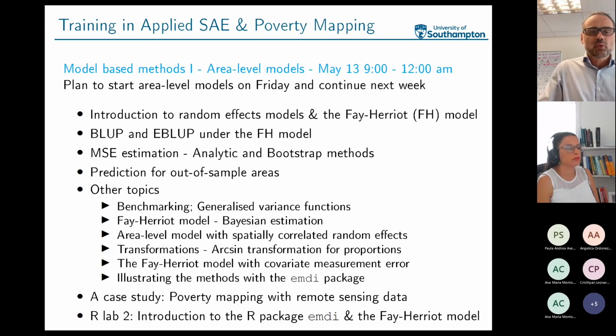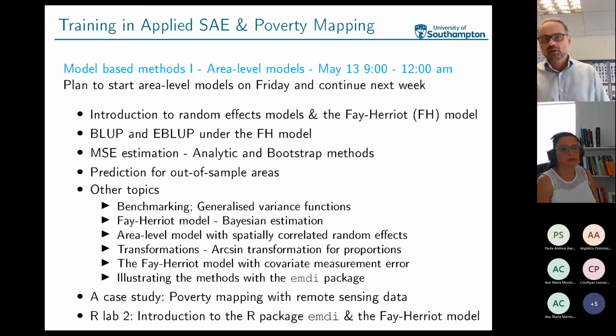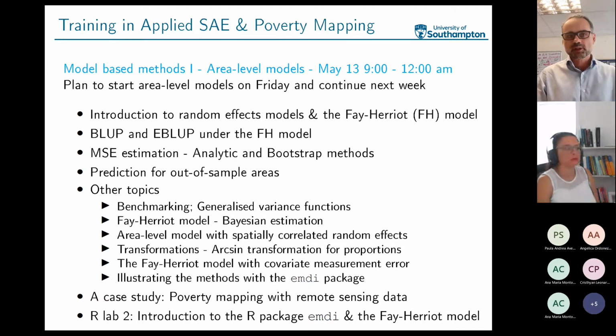And then we have an extension that includes a Fay-Herriot model with covariate measurement error. And the reason for that, as you will discover a bit later, is because from what we looked into your data sources, you have multiple data sources, and some of them may be associated with some uncertainty, and so that extension might give you another tool that might be of interest for operations within DANE.